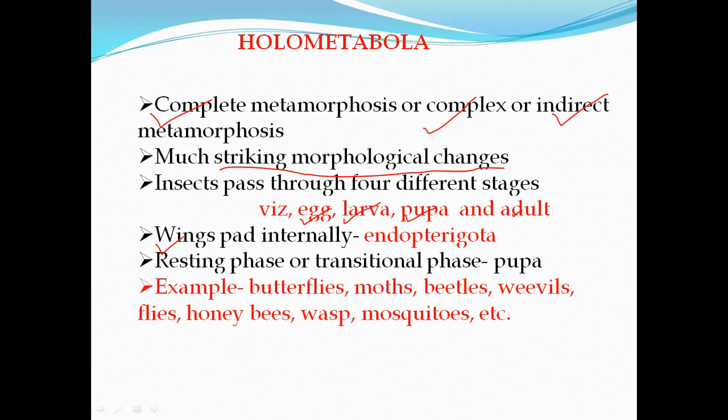I already told you previously that ptera means wings. Internally, that is endopterygote. So all the lepidopteran insects and coleopteran insects have internal wings, so they come under holometabolous insects. Here the larva differs greatly in morphological character from the adult, because the larva that comes out from the eggs of these holometabolous insects requires different food, and the adult requires different food.